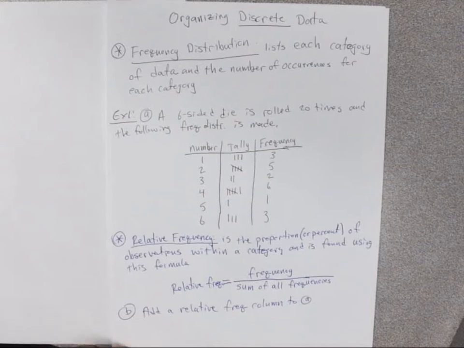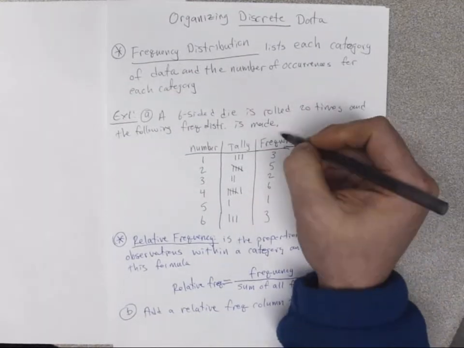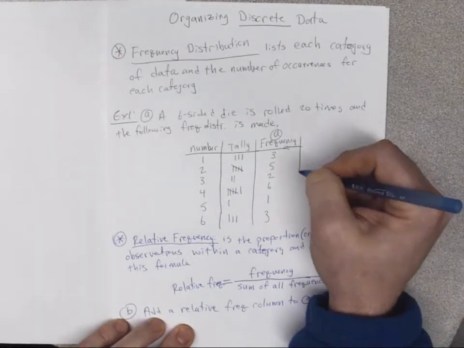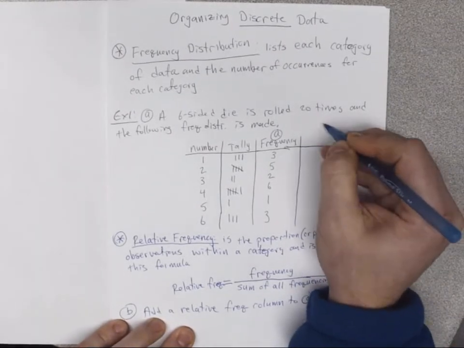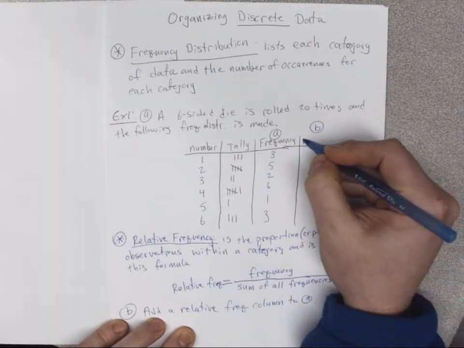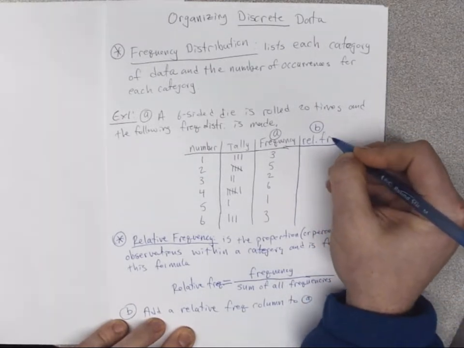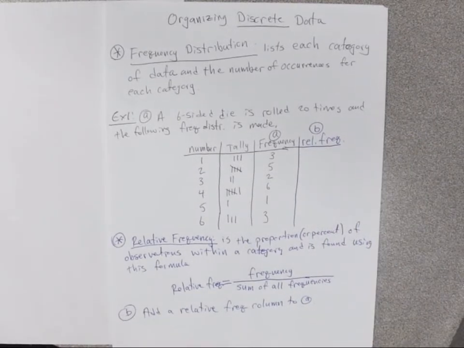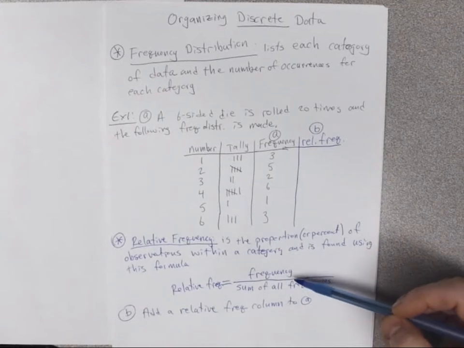All right, so I'm going to come up here and label this as A. And let's add another column on, and we'll say this is part B here. This is relative frequency. So we do what the formula says.